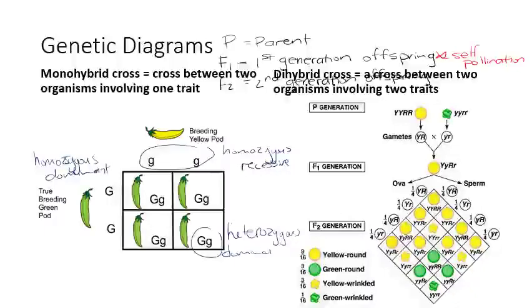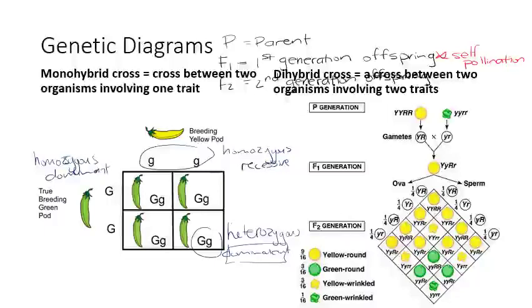Dominant. Well, heterozygous will mean that that trait will mask the recessive trait anyway. So a monohybrid cross basically is just looking at one trait, one genetic marker that dictates what's going on here.